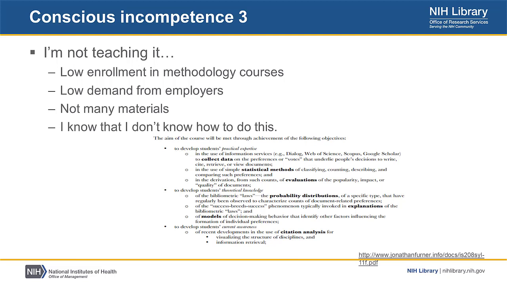And the second reason, there is very low demand from employers. Back then, not too many libraries, or I can probably say not too many libraries here in the United States, had a demand for analyzing publications or citation analysis or bibliometric analysis.